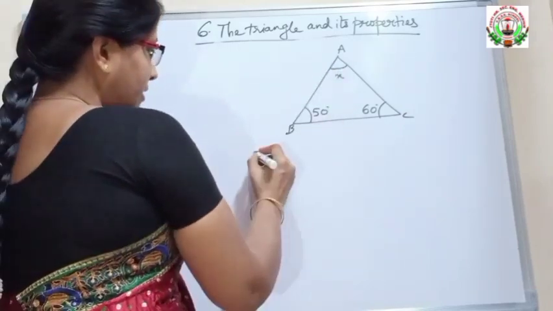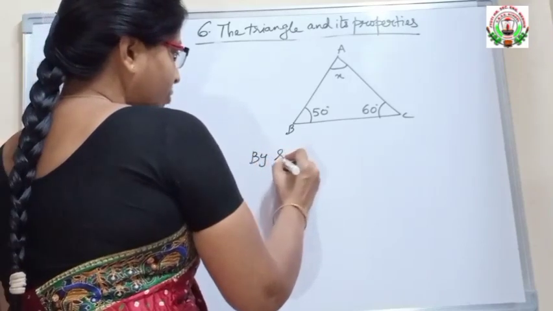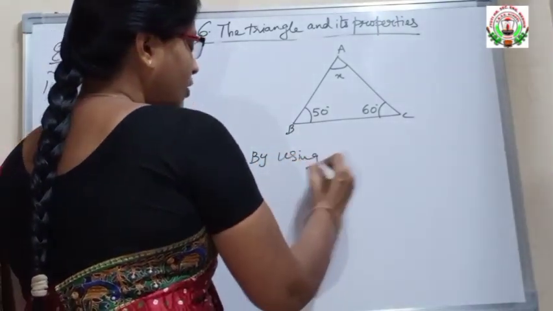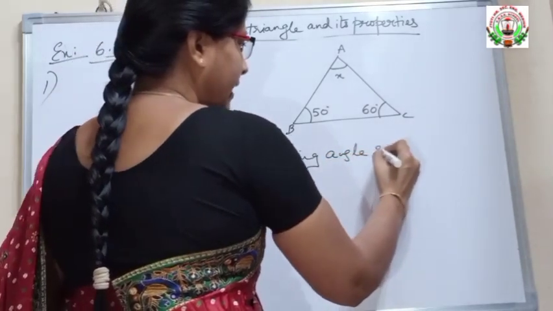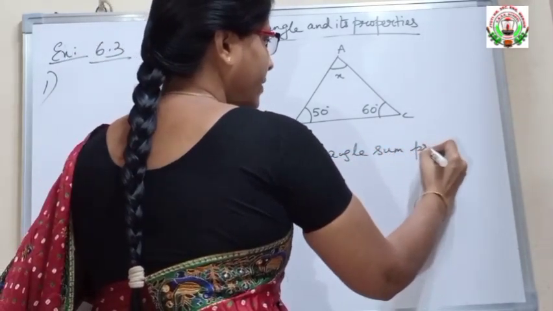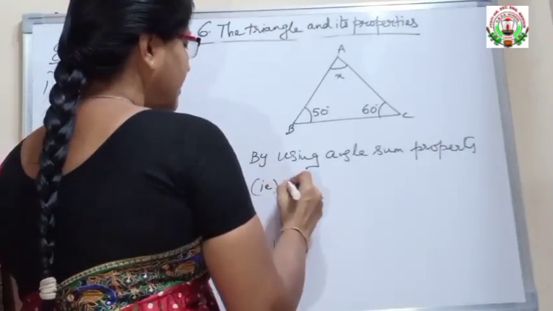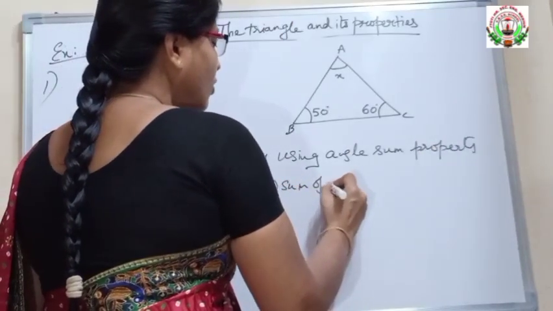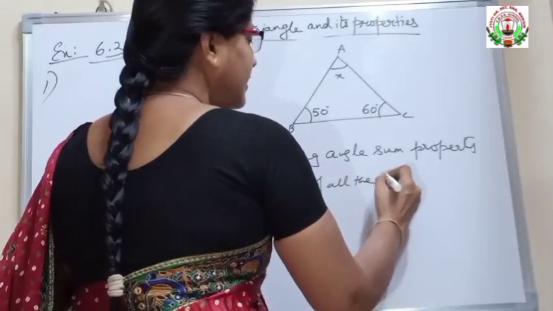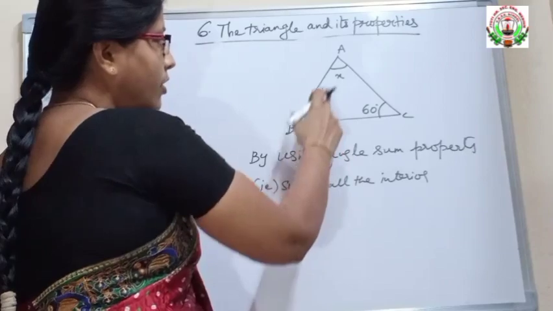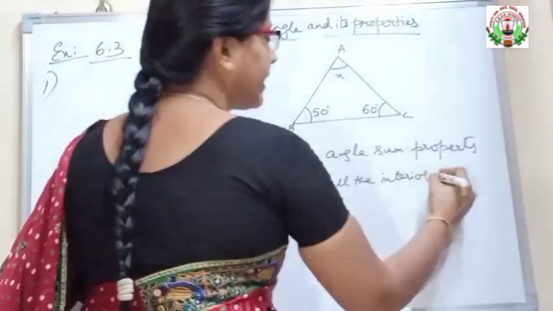So you are going to write the solution by using the angle sum property, that is, the sum of all the interior angles of the triangle is 180 degrees. I am writing interior because they are interior angles of the triangle.